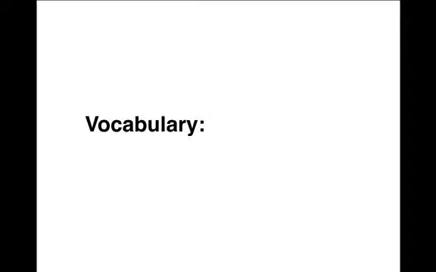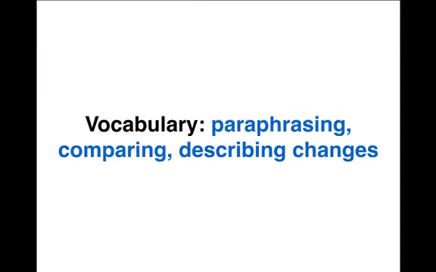You can read that full report in more detail or more carefully by downloading the accompanying worksheet next to this lesson. Before you do that, let's look at some vocabulary to finish off, specifically vocabulary for paraphrasing, comparing and describing changes that I used in this report. First, the question used the words global sales and I changed that to sold worldwide.